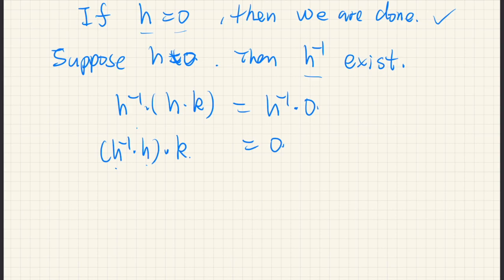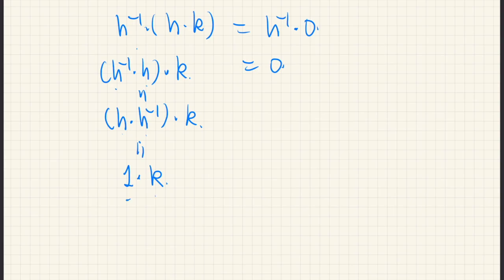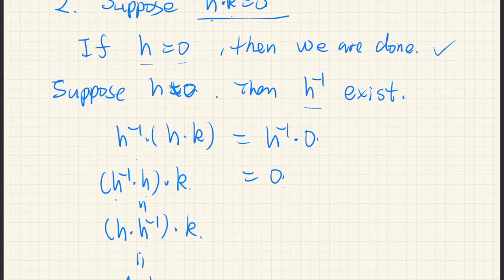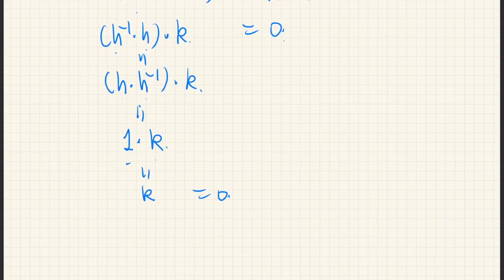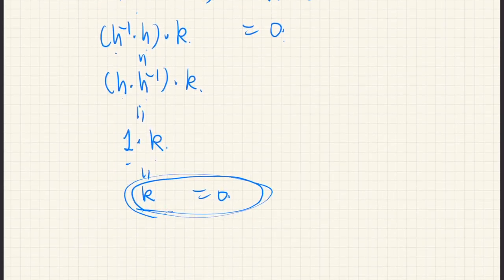By commutativity, we have h times h inverse, and this is equal to 1 by the definition of multiplicative inverse. And 1 times k is k. So k is equal to 0. So if h is not equal to 0, then k must be equal to 0. Therefore, either h is 0 or k is 0, and we are done.